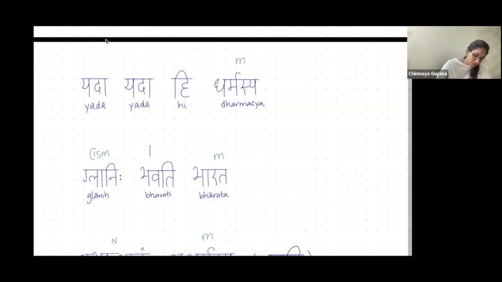Bhavati, if you check your paper, is third person. Third person, singular. So it's some kind of he, she, or it, whatever it means. So now we are looking for a singular subject. Can you find a singular subject?